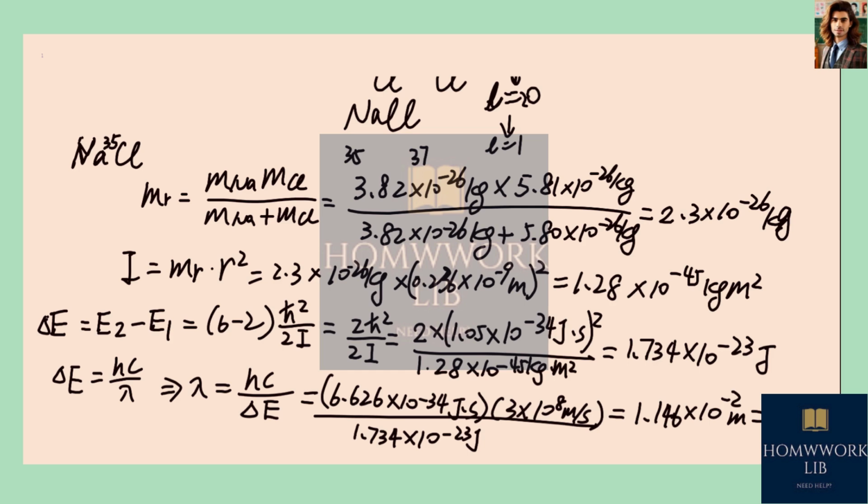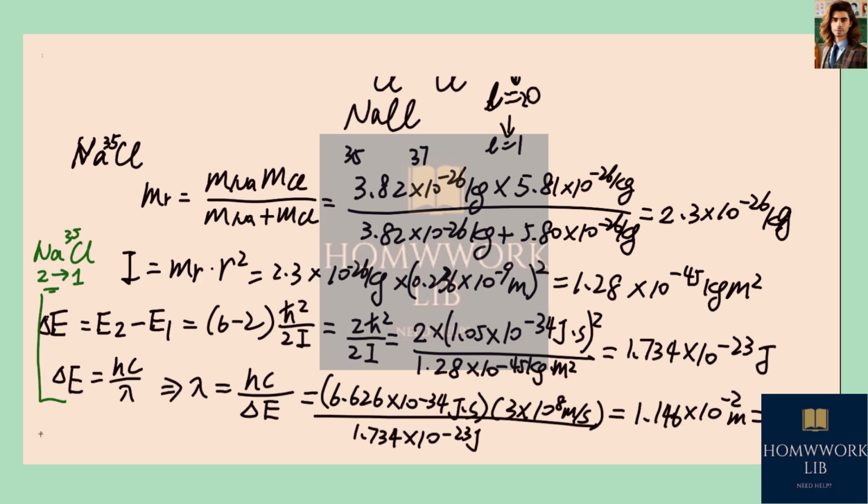So this is the wavelength of the light that will be emitted when we go from energy level L equals 2 to L equals 1. And we can find the transition from L equals 1 to L equals 0 with exactly the same procedure. So I will not write down all the equations again, but this is sodium chloride 35 from 2 to 1.